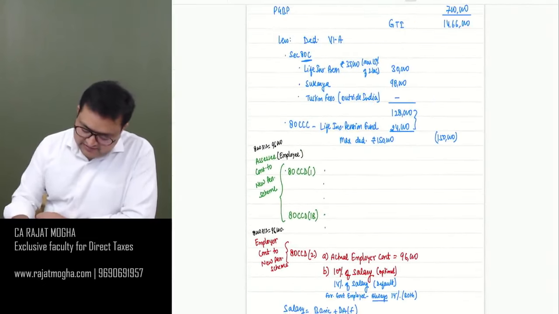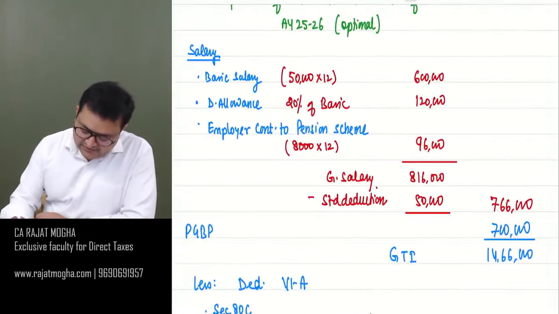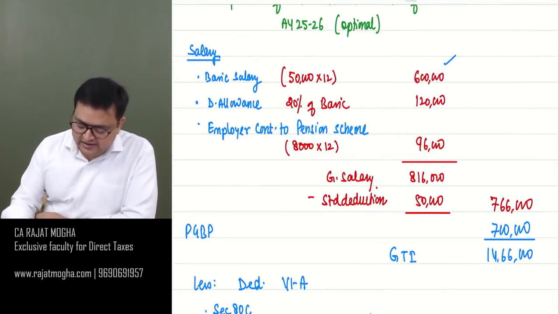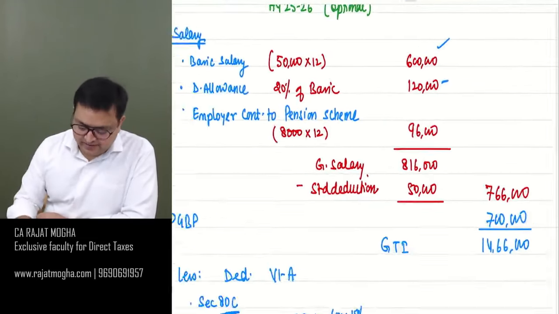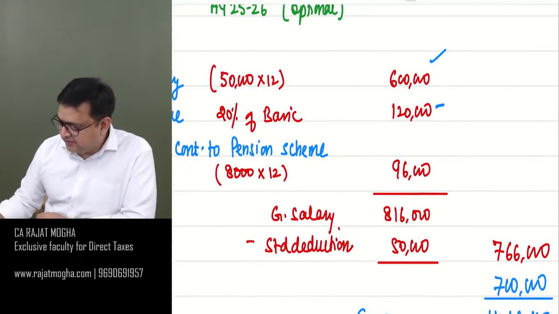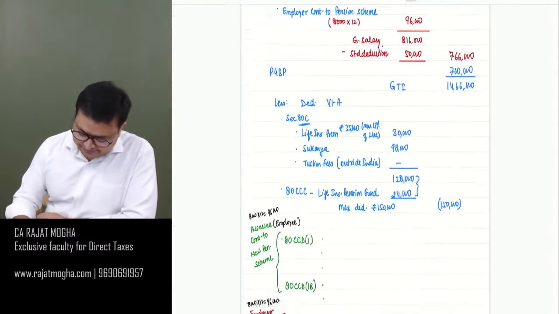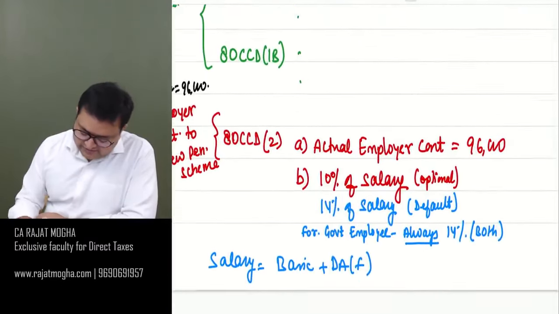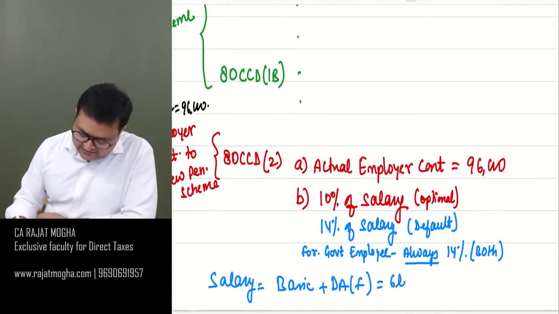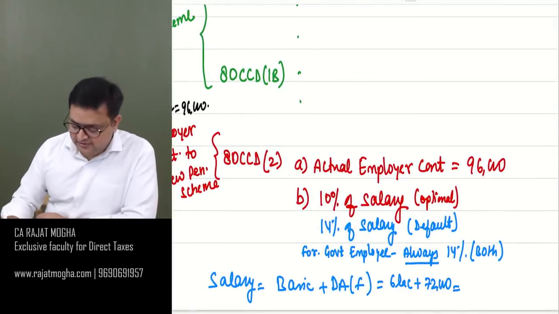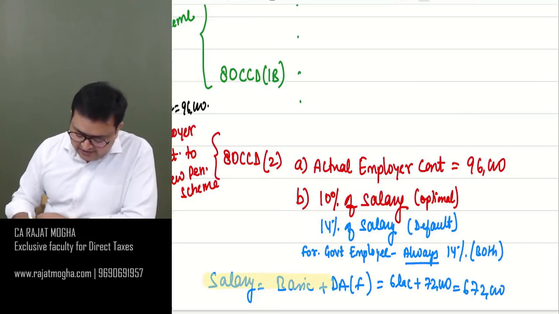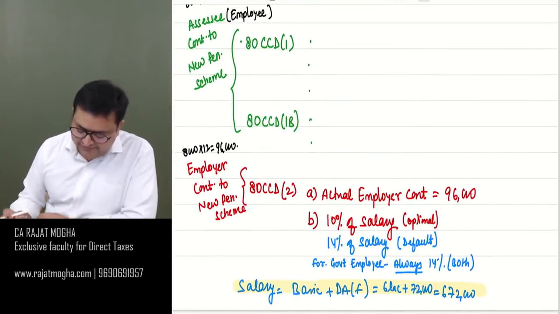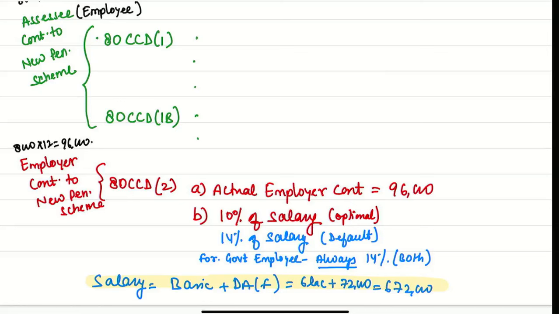The basic salary was 6 lakh and DA 60%, so DA 60% of 1,20,000 is 72,000. So your salary is basic salary 6 lakh plus DA forming part 72,000, that is 6 lakh 72,000. Everybody, please tell me, till here, are you okay with it or not? Have you understood till here?